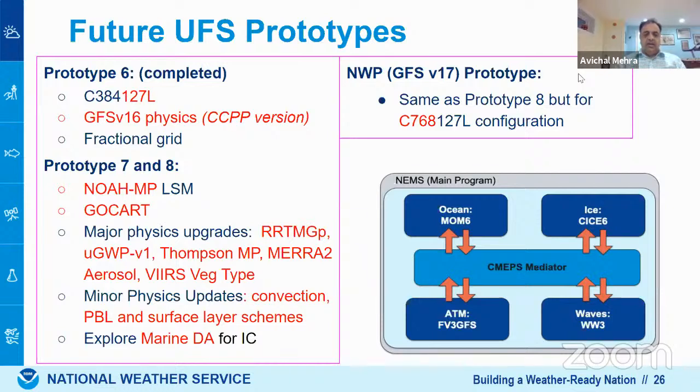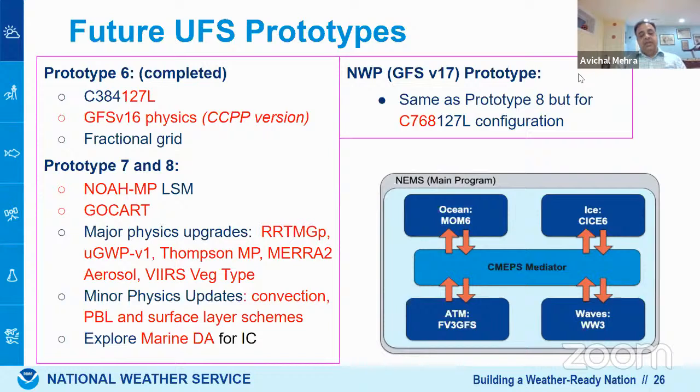As shown here on the slide, Gokhan, we are considering quite a few physics upgrades for the atmosphere component, and assessing the impact of those upgrades, and looking specifically at the biases which you have seen already, whether it's for precipitation scores or for the SST biases, as I discussed, and hope to make progress.